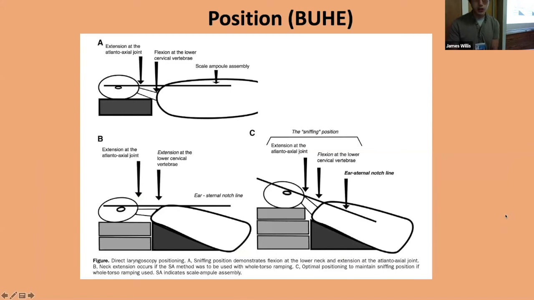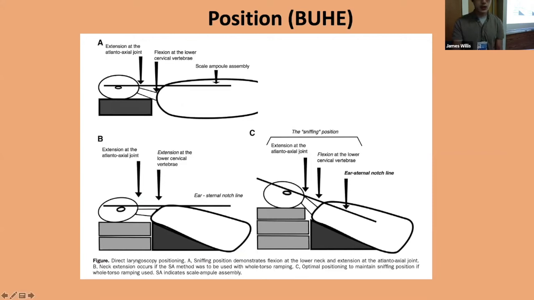For positioning, picture A shows a sniffing position, which we're all familiar with. The idea is if you flex the neck and extend the head, it'll help open up the airway and also provide optimal glottis visualization. You can further improve oxygenation by elevating the patient's torso, which helps offload weight from the tissue and also optimizes air filling into alveoli.